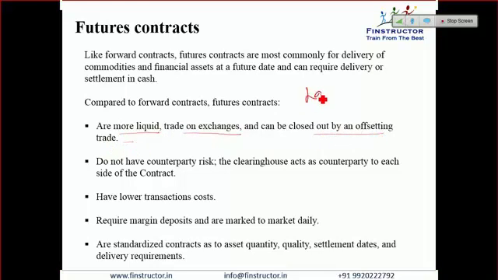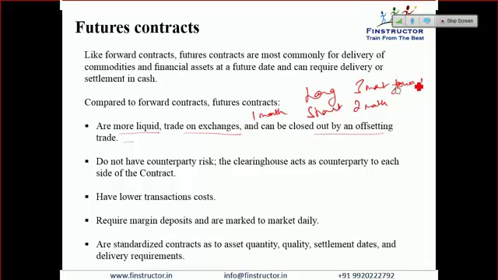If you were long a 3 month forward and 1 month later you want to finish the contract, you want to lock in your gain or lock in your loss, you can simply go and short a 2 month forward. Of course, when you do it in a forward, there is default risk because you have longed with somebody else, and you may be shorting with somebody else, and there may be a default risk if one of the counterparties defaults.